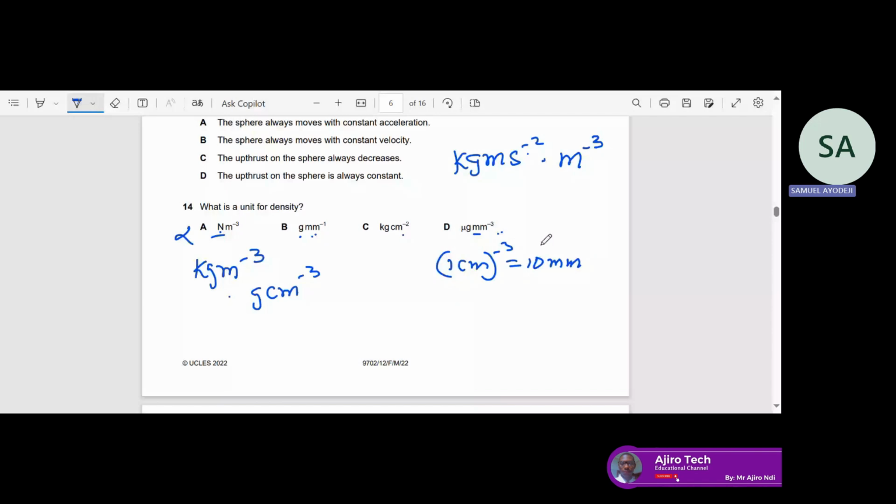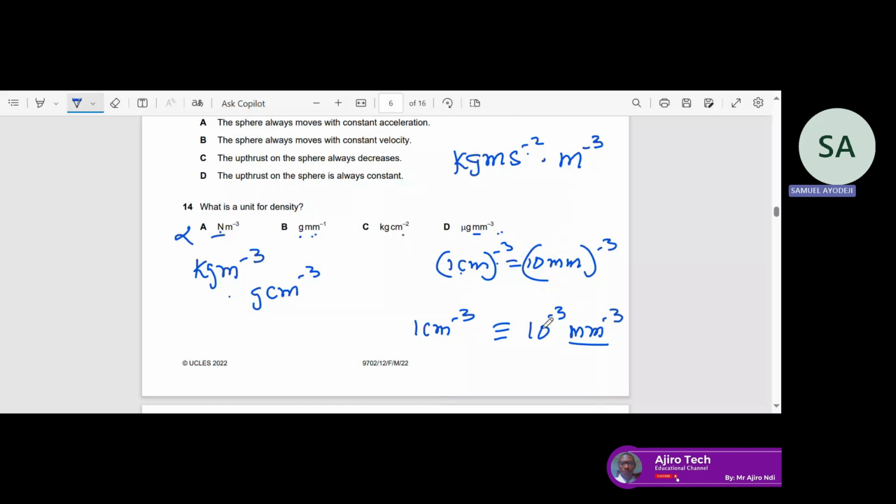So this is going to give you what now? 1 centimeter to the power minus 3 is going to give you 10 to the power minus 3 millimeter to the power minus 3. So that's all. Now, with this knowledge, I can say millimeter now to this.